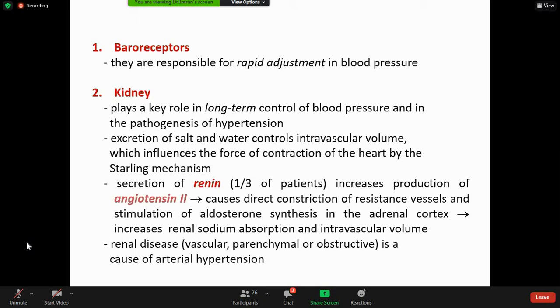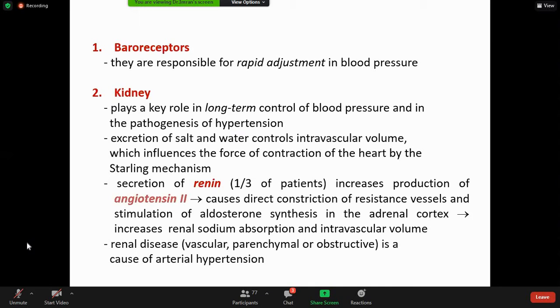The kidney, this is very important, plays a key role in long-term control of blood pressure and in the pathogenesis of hypertension. Very important, renin is one of the important substances released from the kidney. Excretion of salt and water controls intravascular volume, which influences the force of contraction of the heart by the Starling mechanism. Secretion of renin, in one third of patients, increases production of angiotensin II, right?